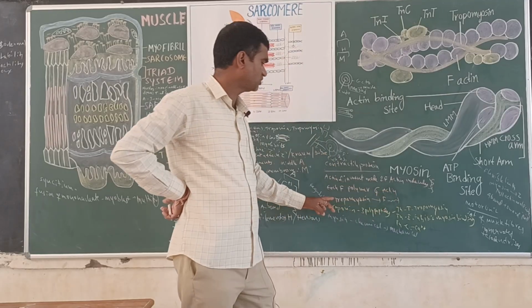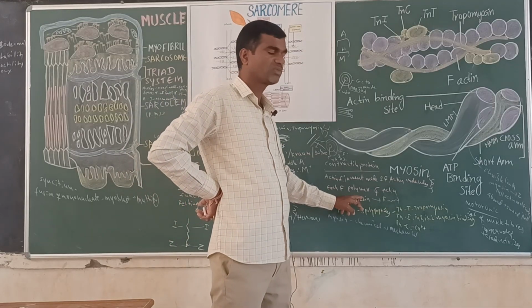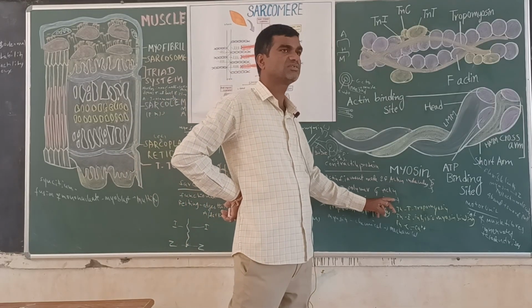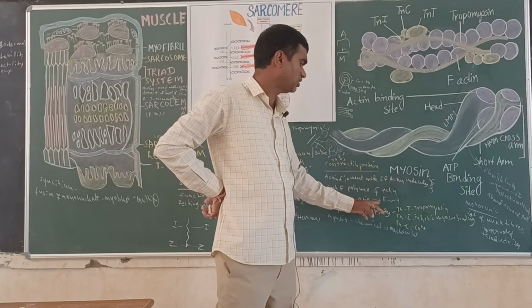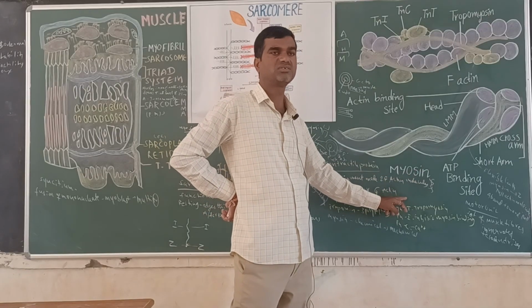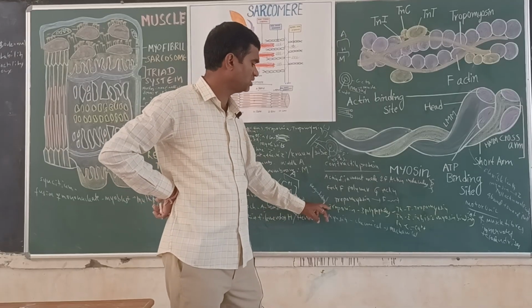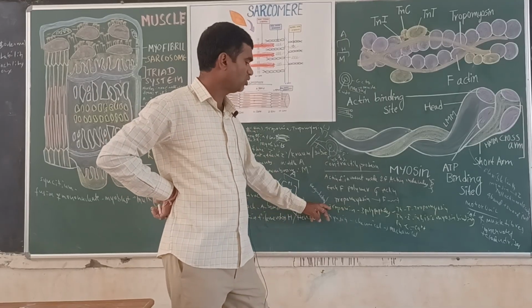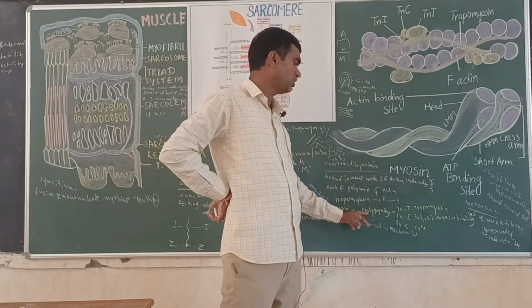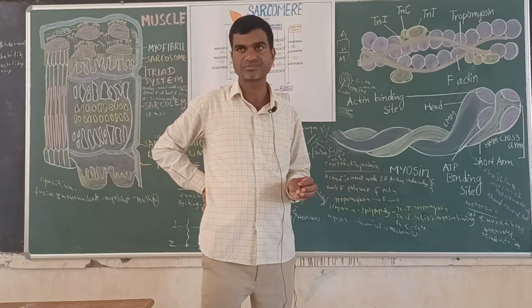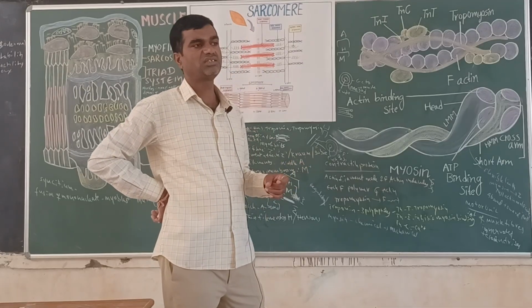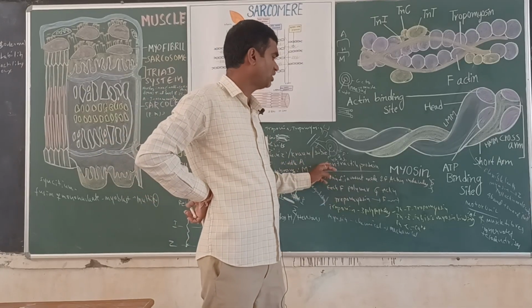And next is tropomyosin. Tropomyosin is winding around the F-actin molecule, or binding with the F-actin molecules. And next is troponin. Troponin is made up of three polypeptide chains. What are the three polypeptide chains in the contractile protein?